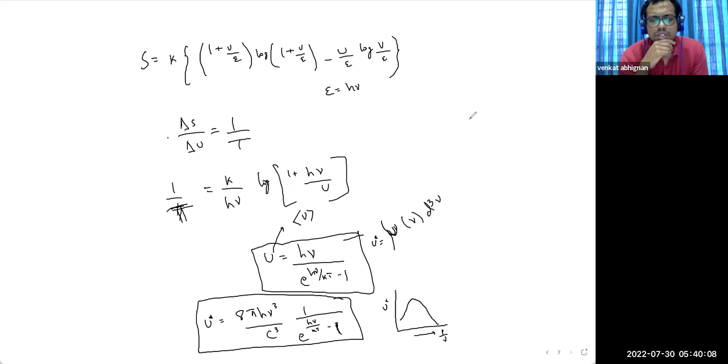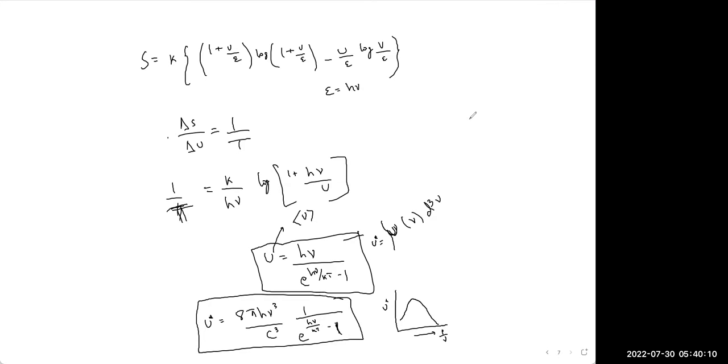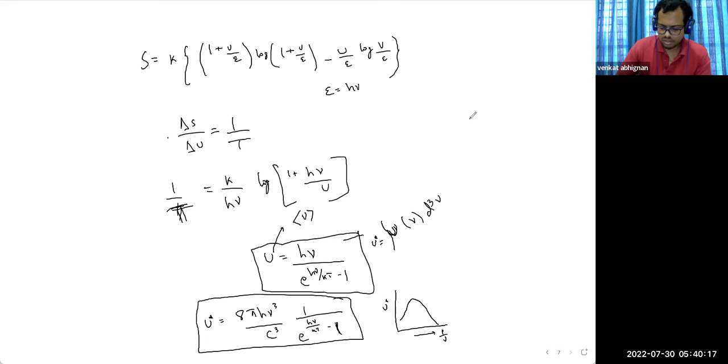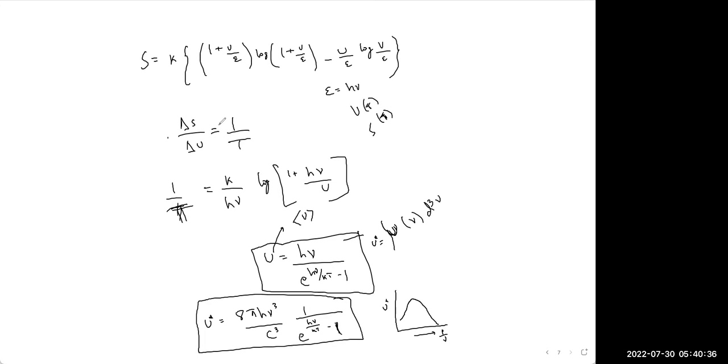So this looks like we have an alternate definition for temperature, right? No, I don't think we can. I can say U is a function of temperature, S is a function of temperature, but I do not know how we can define temperature from U, change in entropy, change in internal energy.